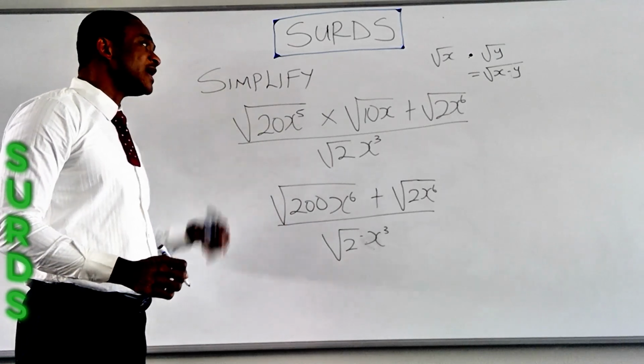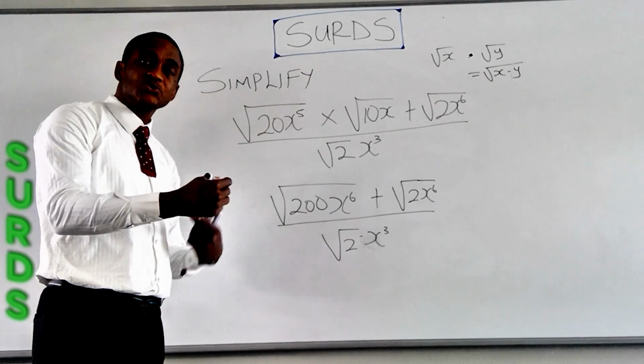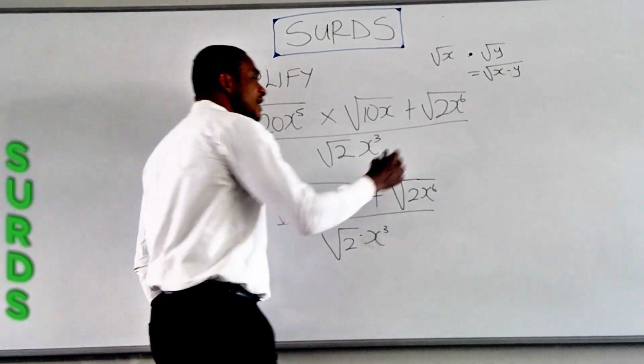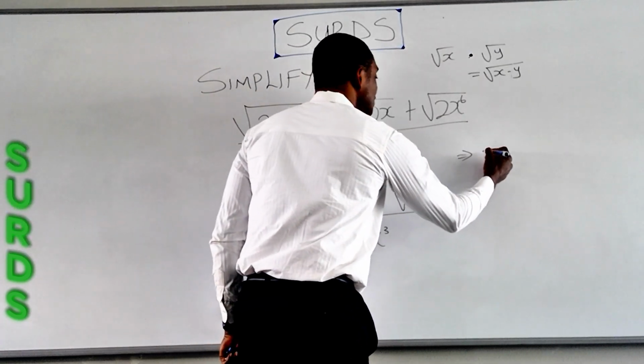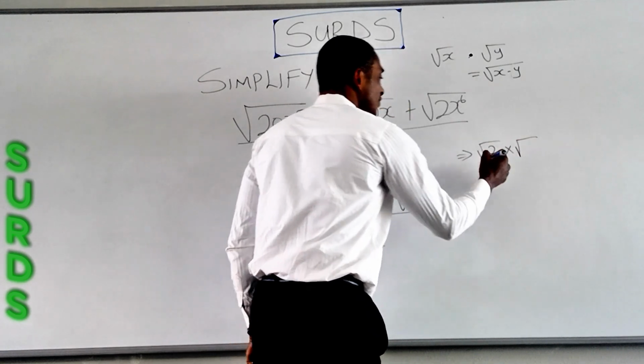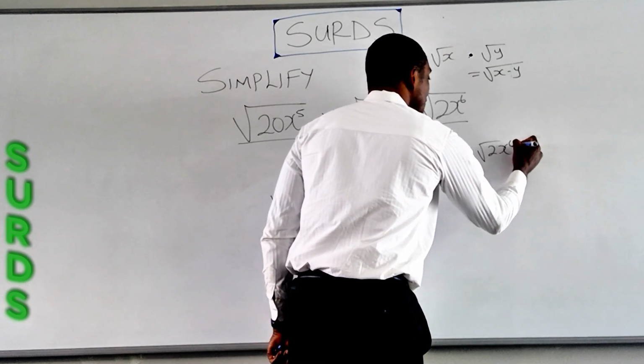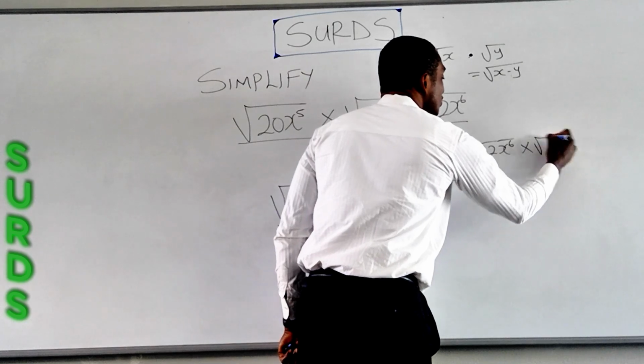Now, let's apply what I explained earlier. 200 can be broken down to 2 times 100. So here we can have this as root of 2 times root of 100, with x to the power of 6.